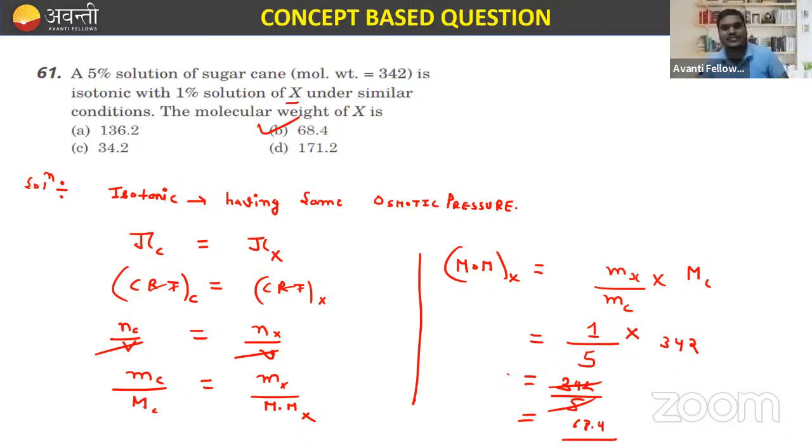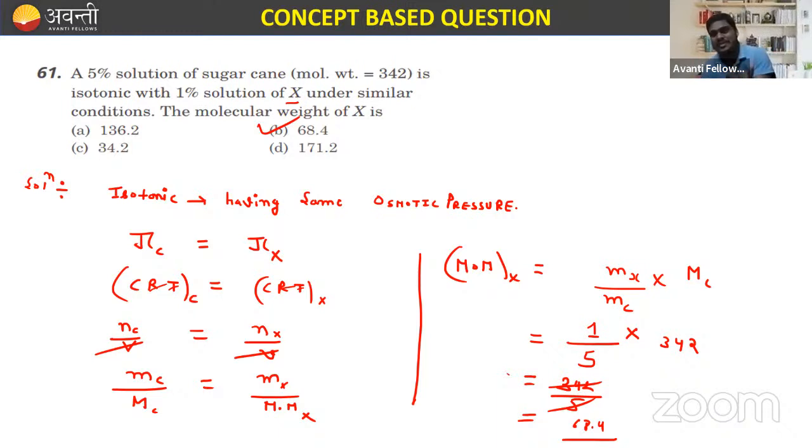I hope this is very easy to understand. One important note here is isotonic. If a student doesn't know the meaning of isotonic, they are unable to do this question. It is important because we already discussed this in a very detailed way: what an isotonic solution is, what hypertonic is, what hypotonic is. These are very important to know.